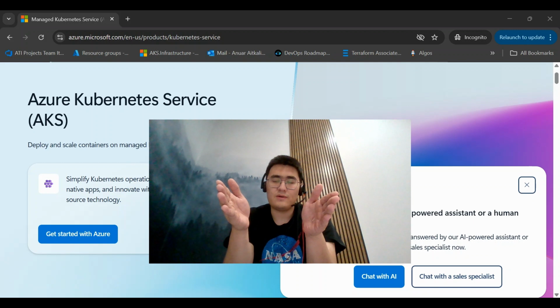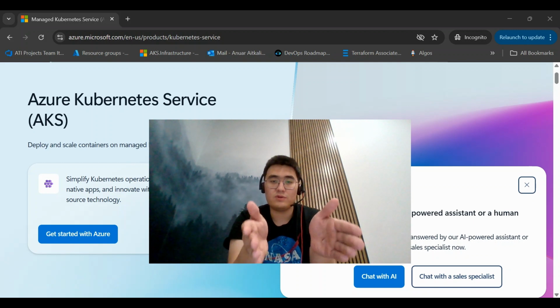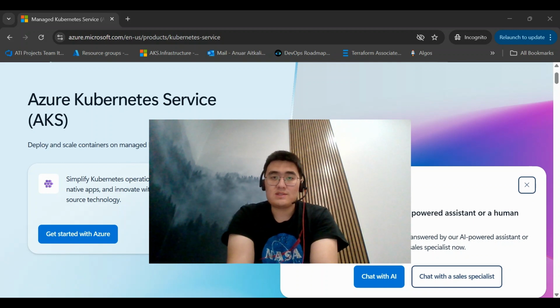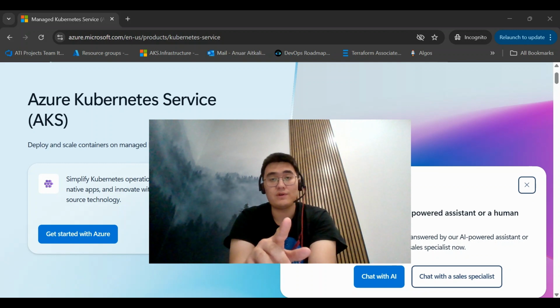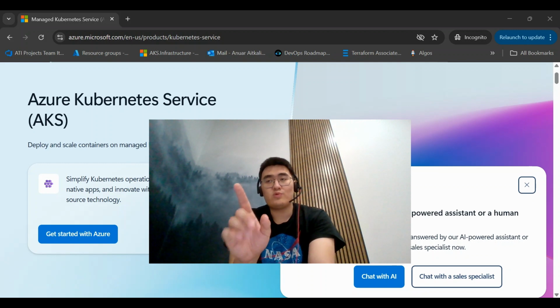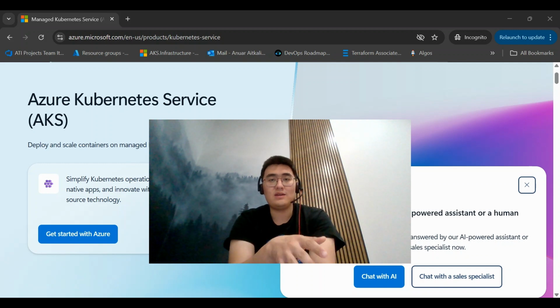So normal nodes and spot nodes. The difference is spot nodes can be from 50 to 80% cheaper than the normal virtual machine. So that's great. However, SLA is way lower than the normal virtual machines, and Azure can take it out, like literally take it from you any time of the day.